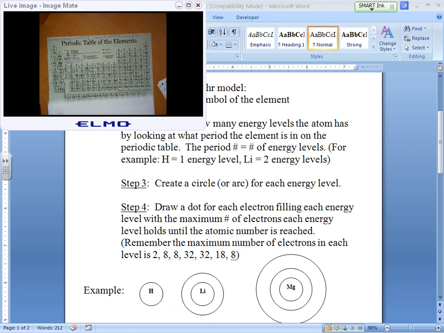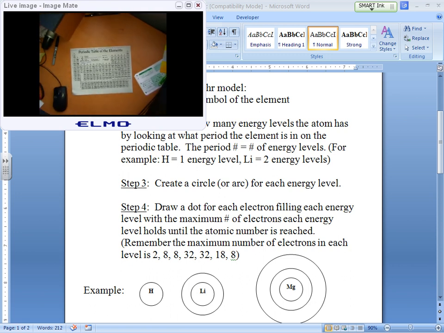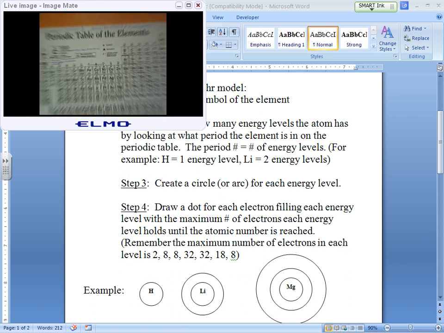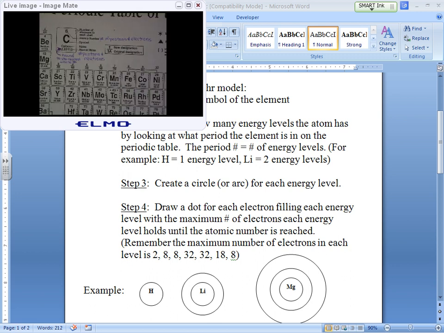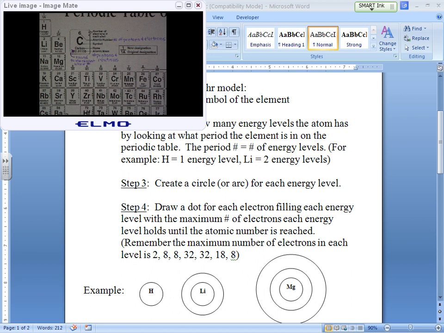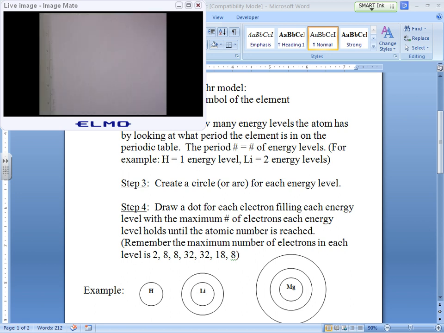The first thing you're going to do is find the element. We're going to do hydrogen. First, copy the symbol of that element. What is the symbol for hydrogen? H. So you write an H. How many energy levels does hydrogen have? 1, because it's on the first period.